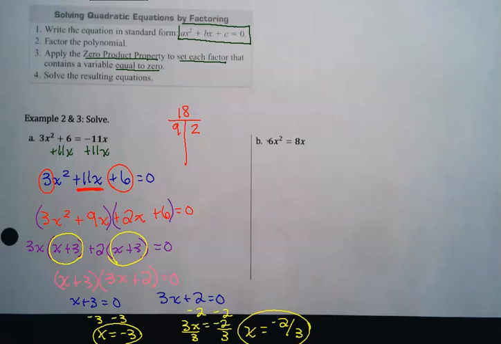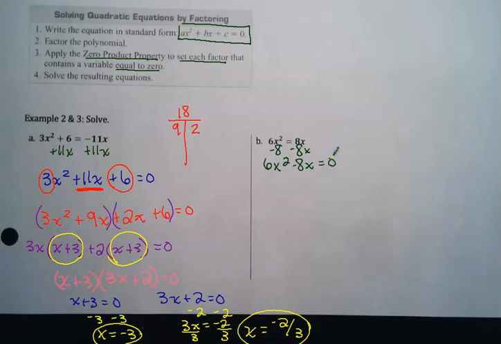Again, not in standard form. So I need to subtract my 8x. Right, so then I'd have 6x squared minus 8x equals 0. So it's more in standard form. I don't have a c term. That's okay.